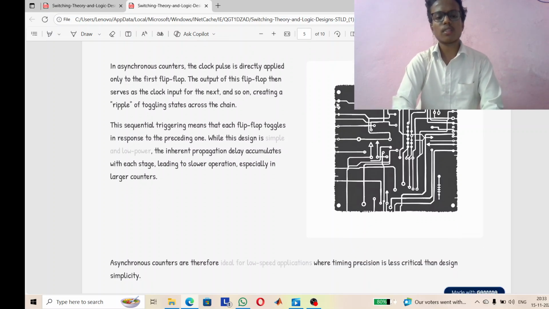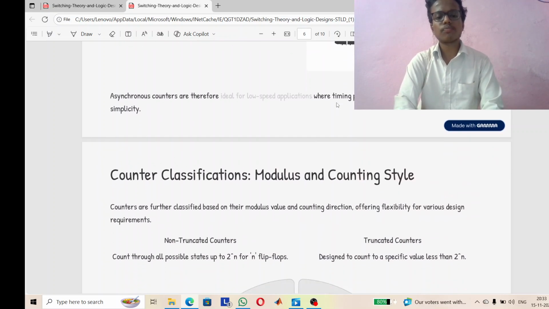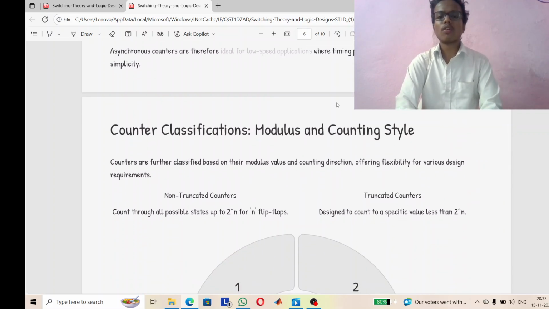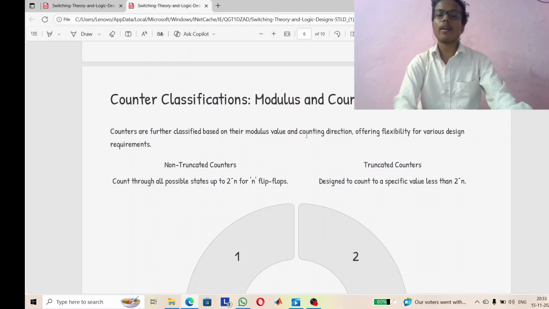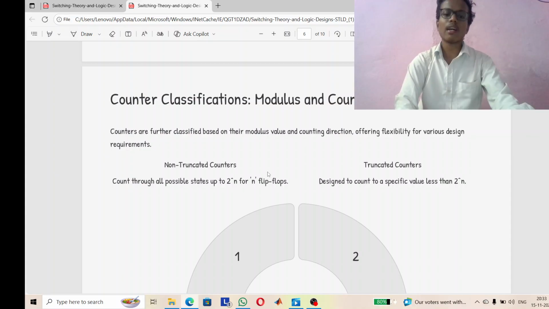We know that counters are classified further based on their modulus value, and counting direction, offering flexibility for various design requirements.